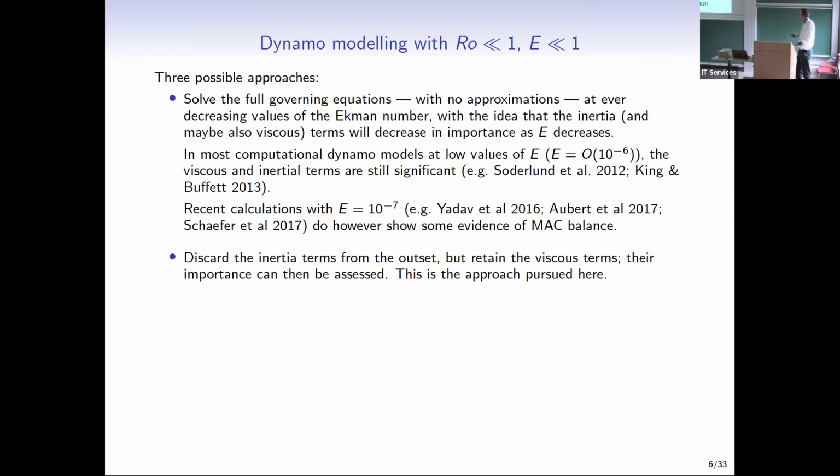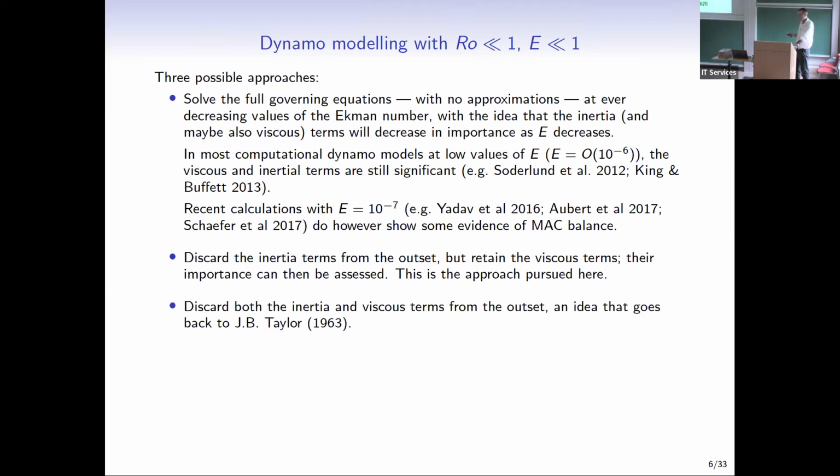So that's what we're going to do. So you say rotation is always so rapid that I can get rid of inertia, but I'm going to keep the viscous terms, partly for numerical reasons, but partly to assess how important they are.